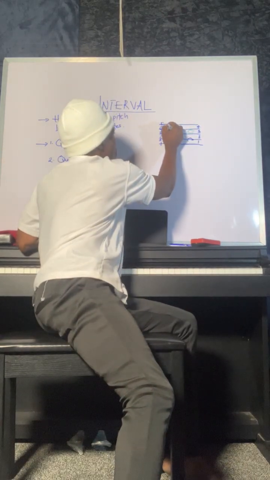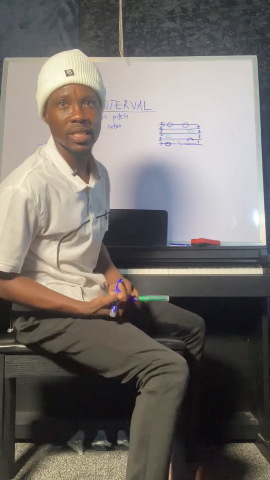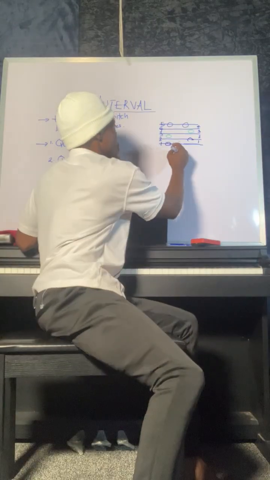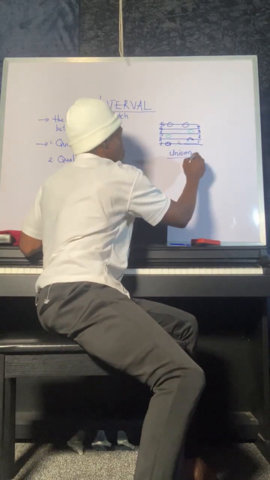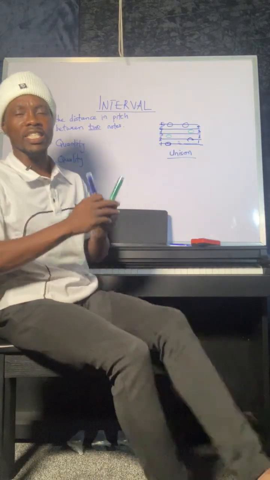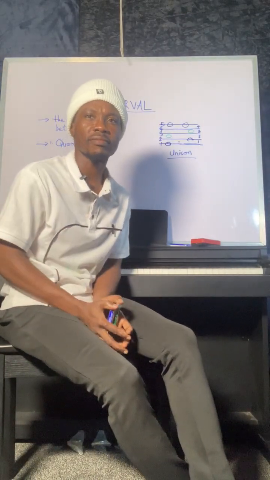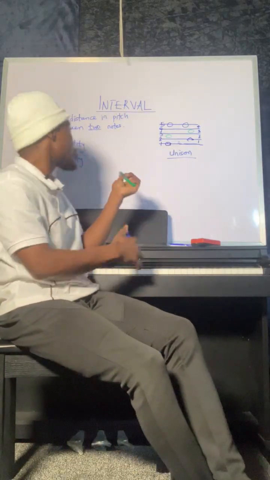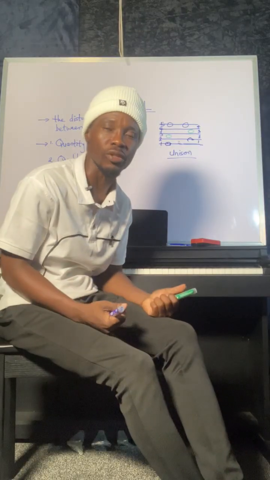If I have a note on the 5th line and another note on the 5th line, and we are asked to describe the interval, since they are in the same position, we don't say first, we say the interval is a unison. Either the same space or the same line. This is how we describe the quantity of interval, in positions.